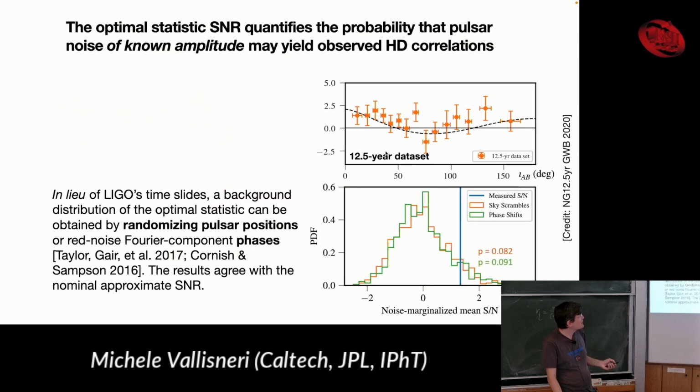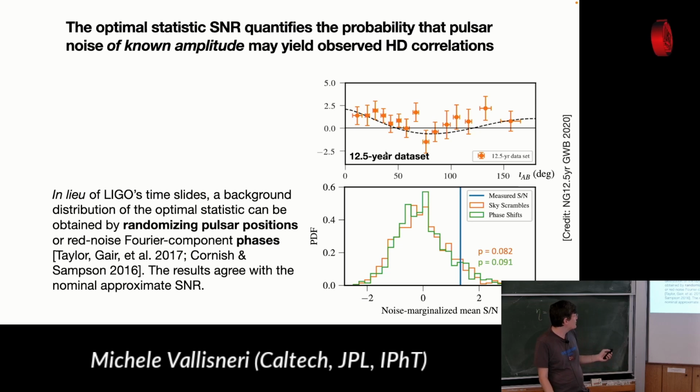Since we were talking about building the background and the idea of time slides, how you empirically evaluate the background due to noise in LIGO, you cannot do it here because you don't have any more data than you're using. You want to see a signal in the entire data set, so you cannot do time shifts.